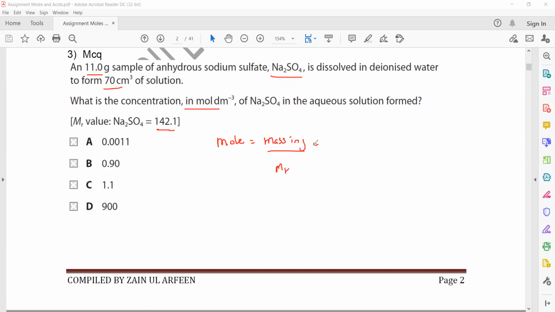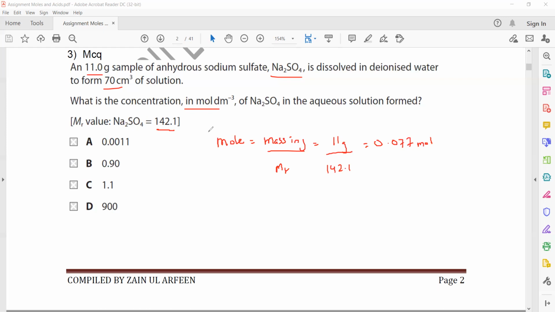The mass in gram is given in the question, that is 11, and the relative molar mass is given as 142.1. So 11 divided by 142.1 equals 0.077 moles.